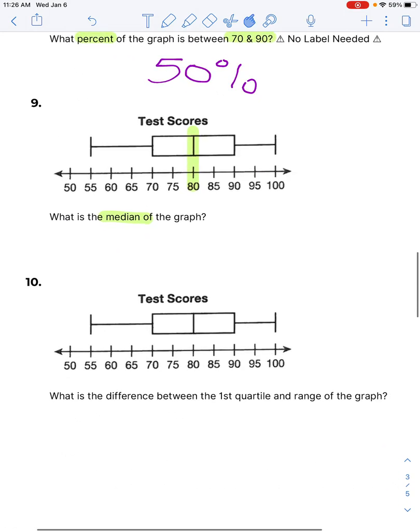And last but not least, the third one here, and I like these questions, this one is referring to a difference. So with the difference, you're going to be subtracting. They're telling you the first quartile, and the first quartile is going to be 70 right here. So we're going to take 70 minus the range of the graph.